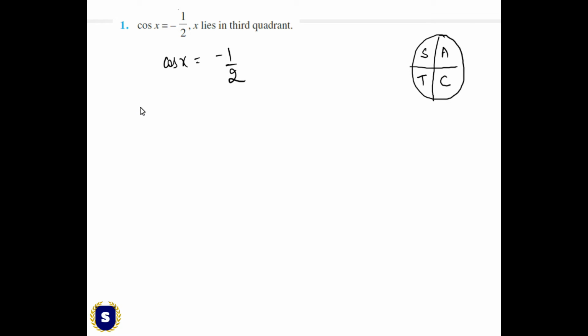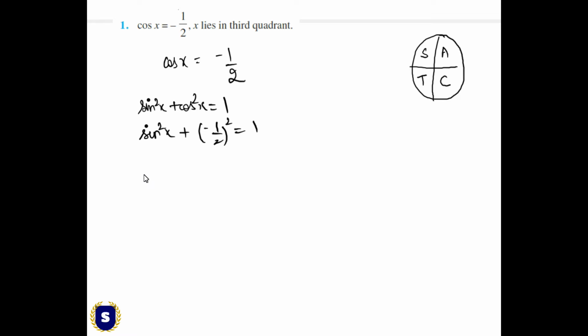We can use the identity sine square x plus cos square x is equal to 1. Okay, we know the value of cos x here. Let's substitute that value. Minus 1 by 2 whole square.